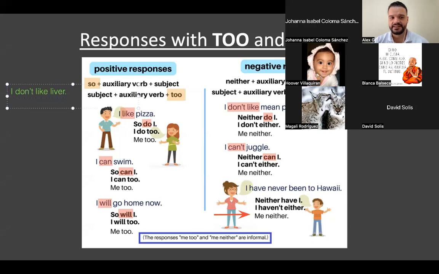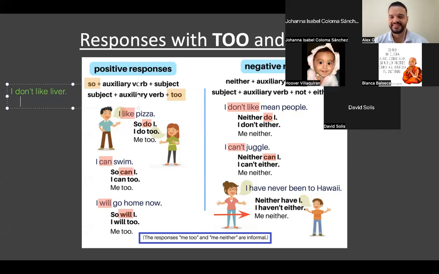What about you, Blanca? Me neither. Very good. Me neither, right? So you could say me neither. Excellent. Or any of the other options. You can say me neither, neither do I, or I don't either. All three are correct, okay?